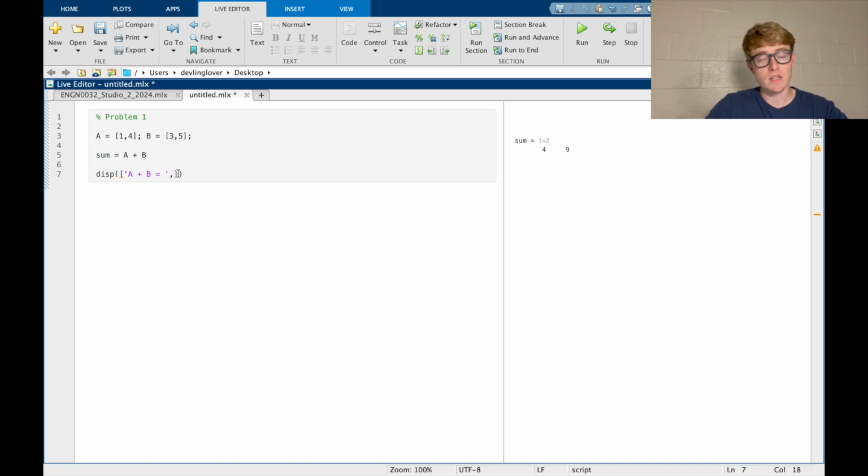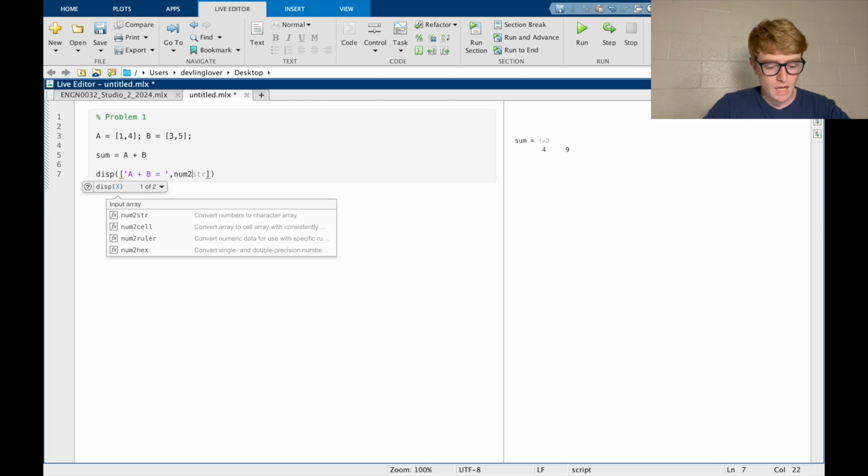MATLAB has lots of built-in functions, and this is a good time to point out that if you don't know a function, you can always just open up a Google window and type in, how do I do such and such thing in MATLAB? And MATLAB has great documentation with MathWorks. It's actually pretty good, lots of examples. It's extensively used, so it's really easy to find out how to do things if you didn't know this function. But lots of built-in functions.